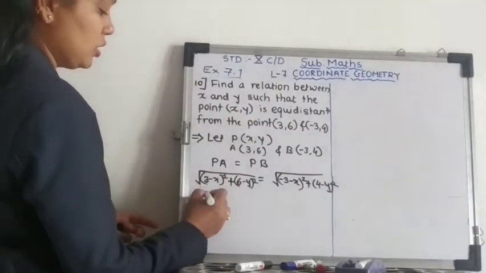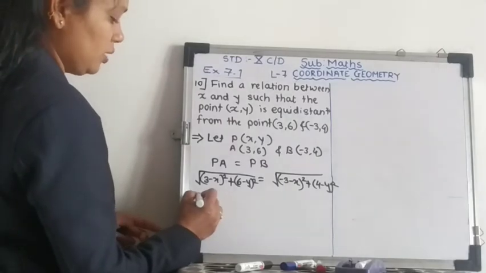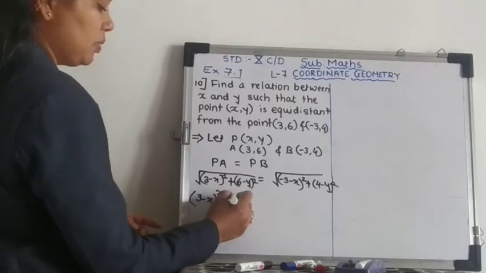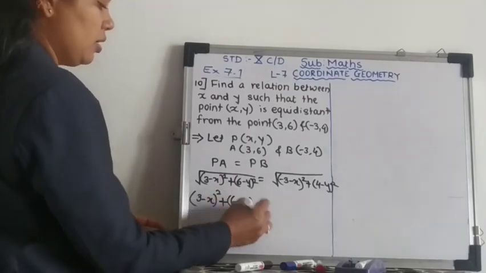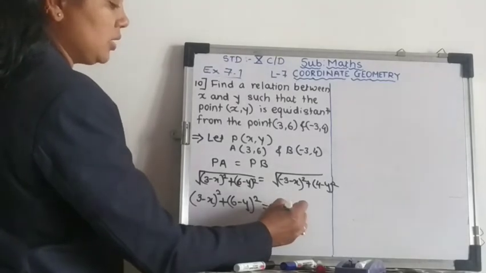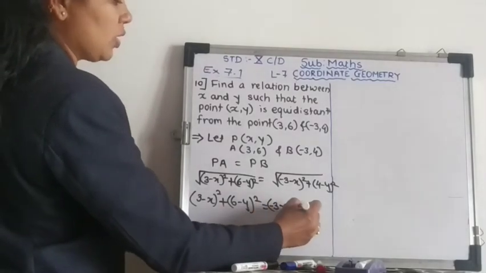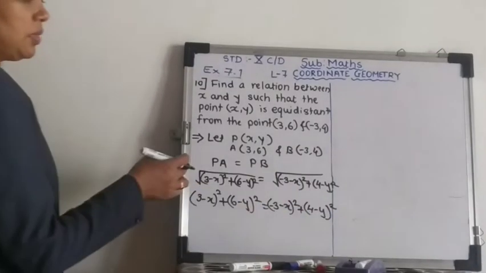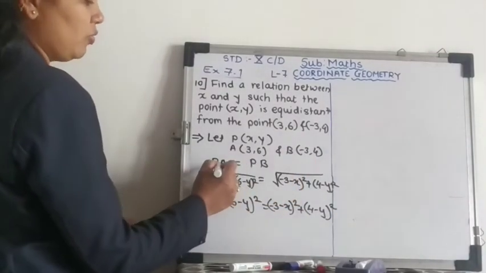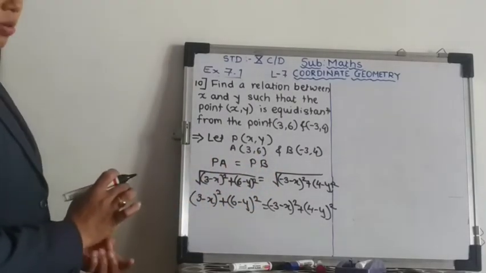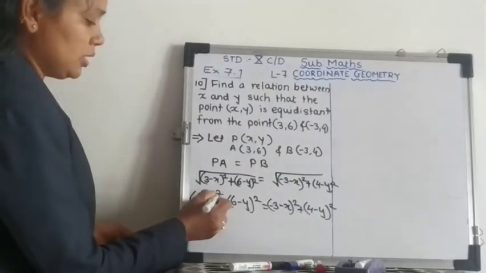So squaring both the sides, we will get 3 minus x bracket square plus 6 minus y bracket square equals to minus 3 minus x bracket square plus 4 minus y bracket square. You can skip this step also, but first show that PA square is equals to PB square. Got it? Now let us do the squaring.